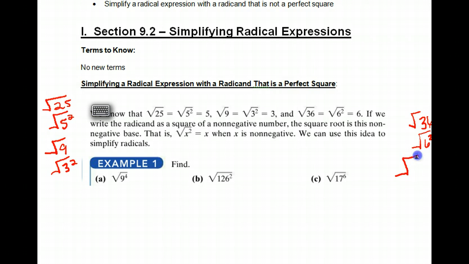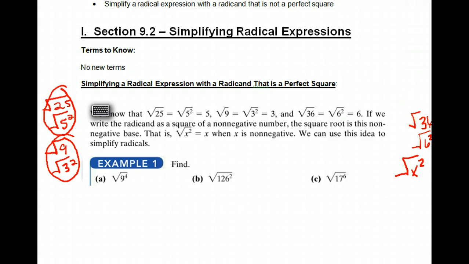So we can conclude then, because of the way that we have been breaking down these problems, that if we had x squared under our radical, what would you conclude that the answer to that problem would be? Think about the other 3 examples that we looked at. The first example, the answer was 5. The second example, the answer was 3.